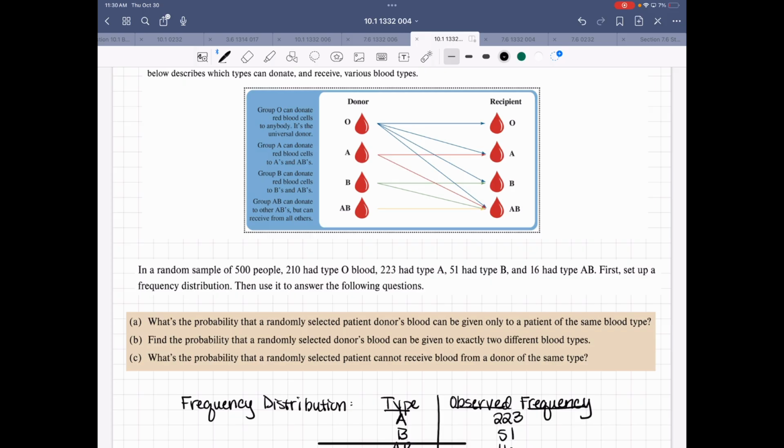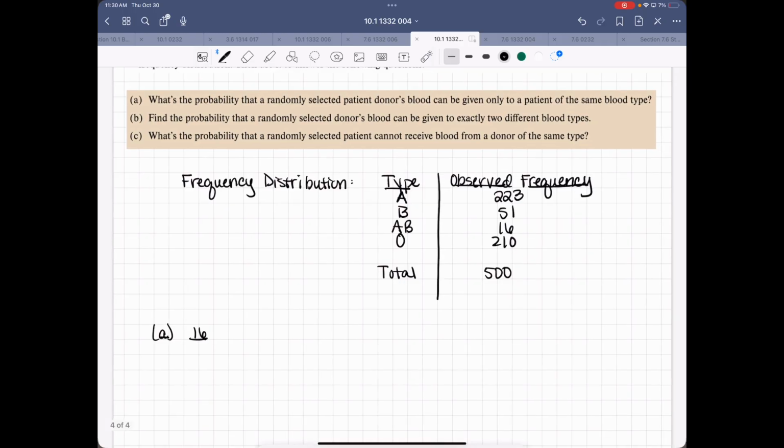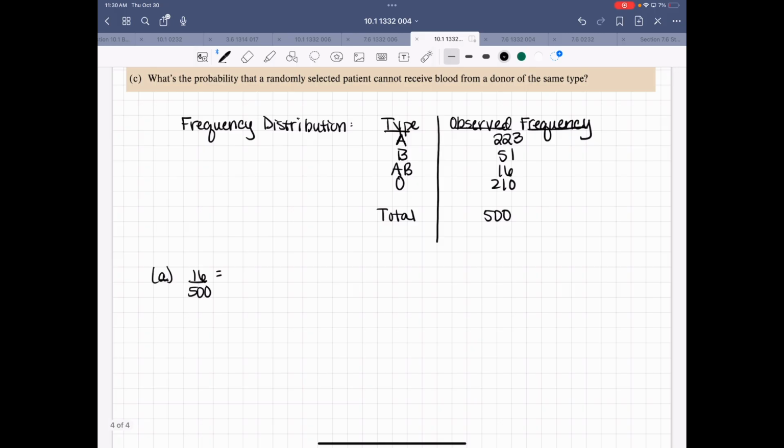Good, AB. Only AB can give to AB. So how many AB folks do I have? 16. Out of 500. This time they want a decimal. Tell me what that decimal is when I say 16 divided by 500. Good, 0.032. So about 3% of that population can only donate to themselves.